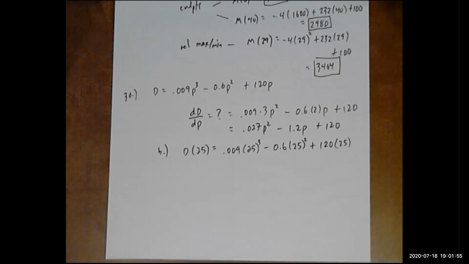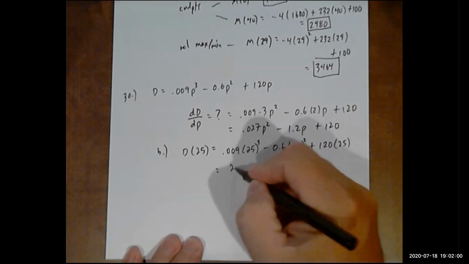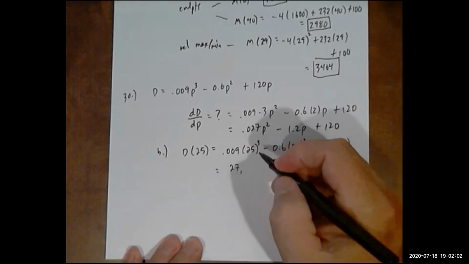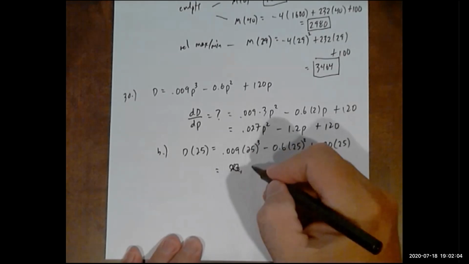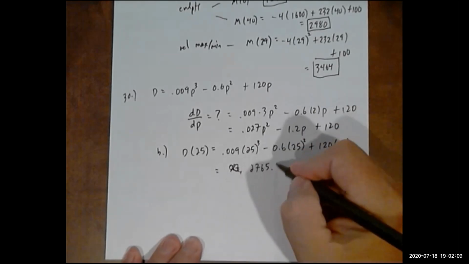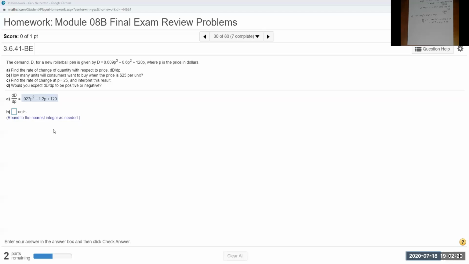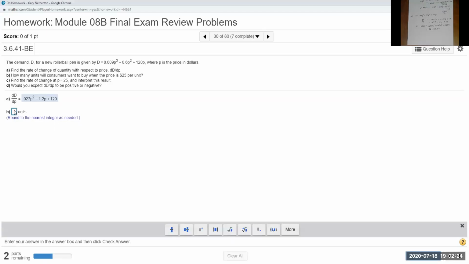Now, if I didn't mess up on my calculator, 2765.625. I don't know how many digits they want. Round to the nearest integer. So I would say 2766.